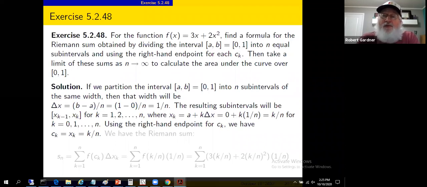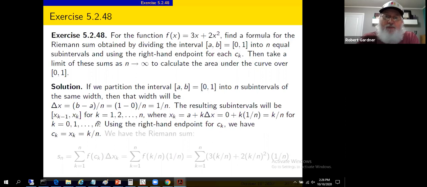The endpoints will be x sub k equals the starting point a plus k times delta x, as in the picture we had above. Again, it'll be k over n. So we've got the same interval and the same kind of partition. So we get the same kind of x sub k's, and we get the same kind of delta x's as we had in the previous example.